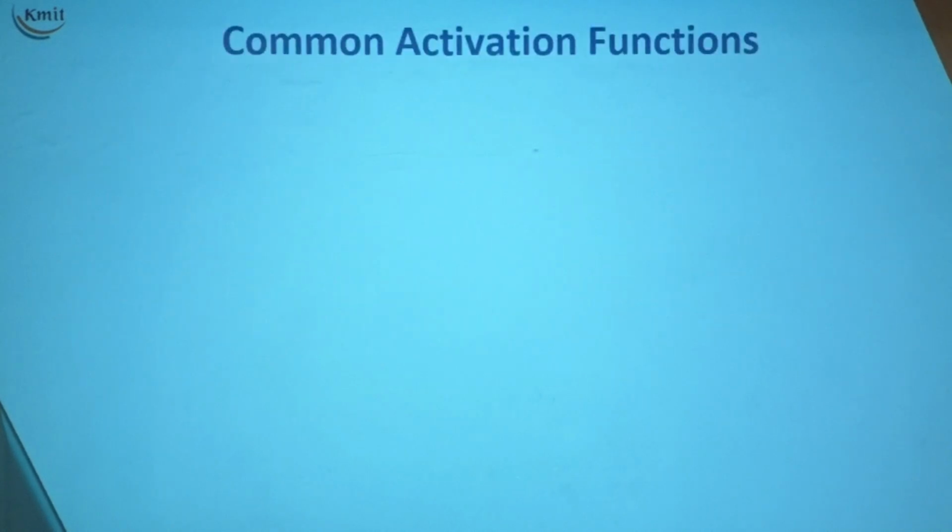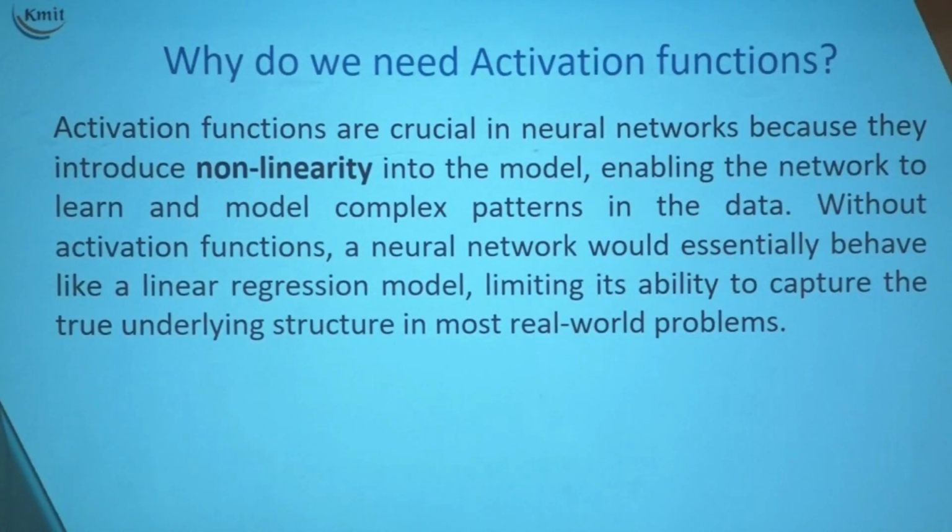Okay. Now let's see activation functions. All of us are clear with forward propagation, right? How many of you are clear with forward propagation? Okay, good. So there is something that we have to learn when we talk about forward propagation, which is what? Activation function. Because the main functionality is being done here.